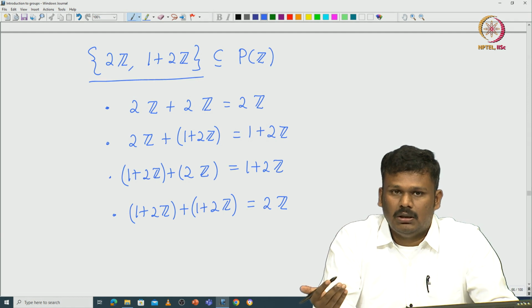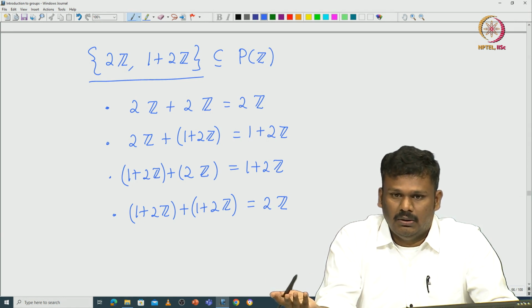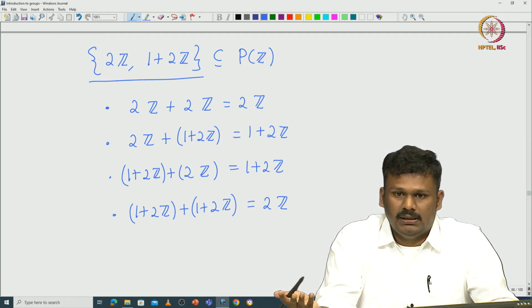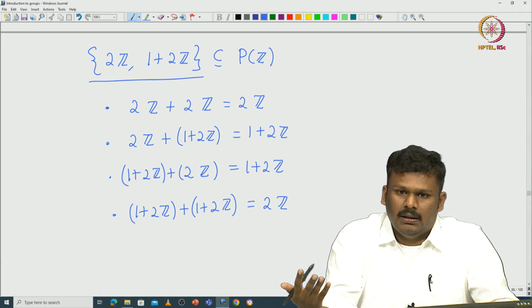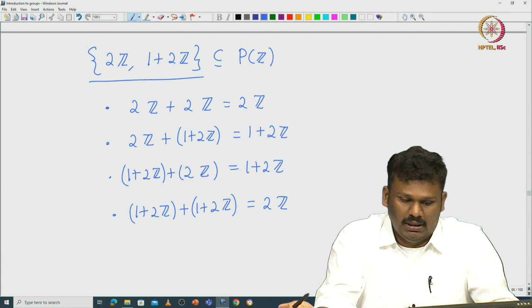So, when you think of a group as a non-empty set which has some binary operation satisfying some properties, then I am allowed to take that group as anything that I want, as long as I can define a binary operation satisfying associativity, existence of identity and existence of inverse. Then I am in the business. That is what we are trying to do here.